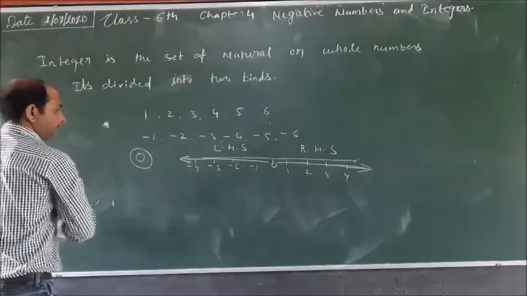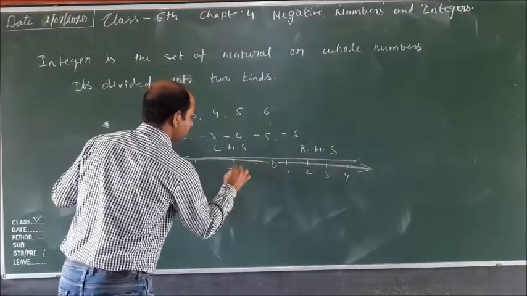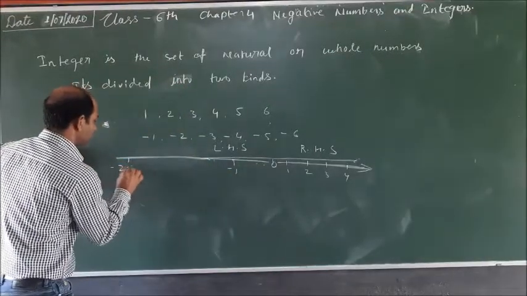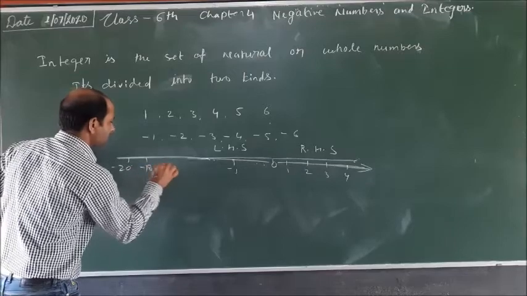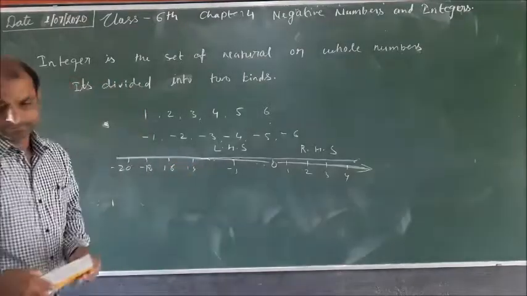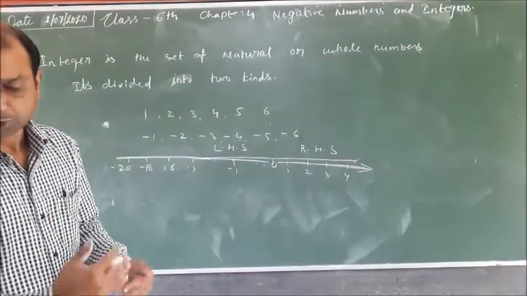Suppose -22, -20, -18, -16, -14. Here -16 is to the right of -20.